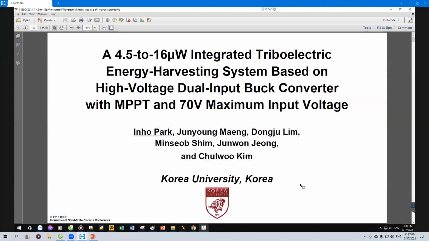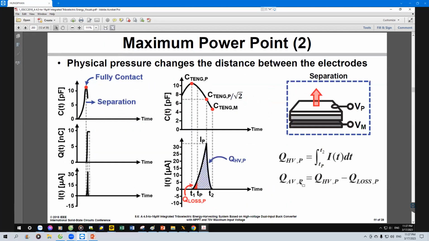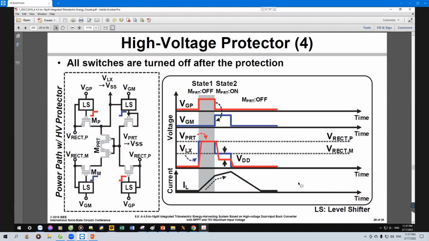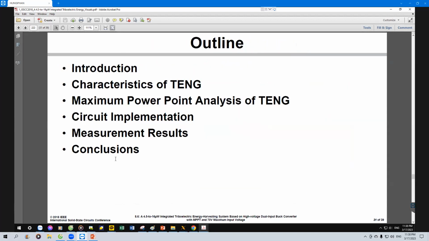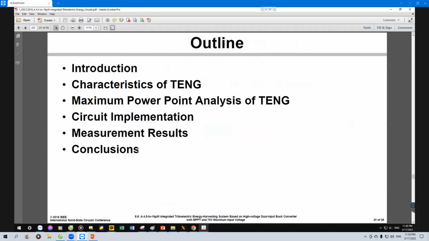You can see in the paper it's like this, so it's not sideways, right? Here's the voltage. The positive side is larger than the negative side.